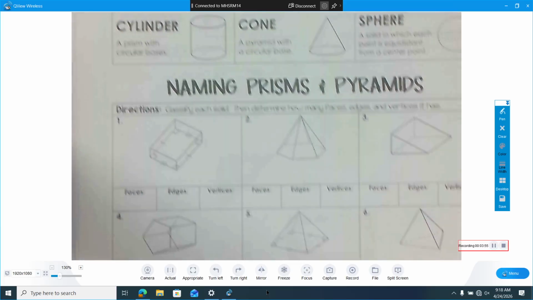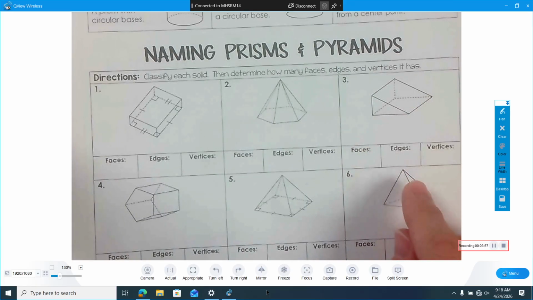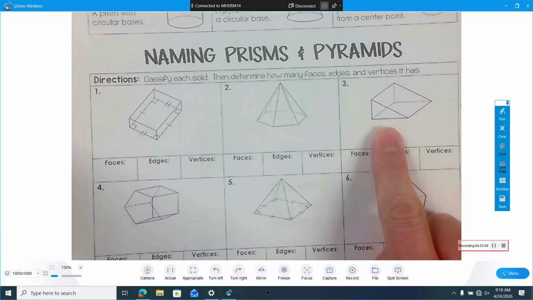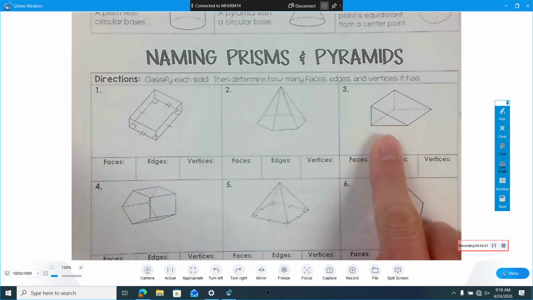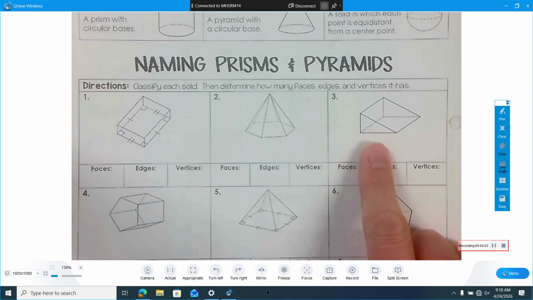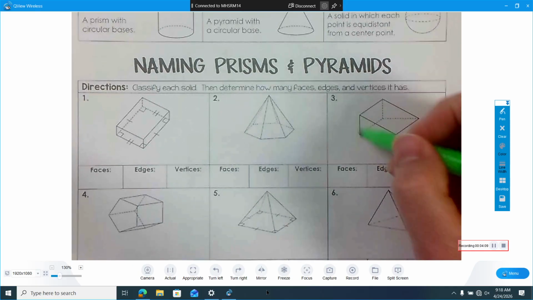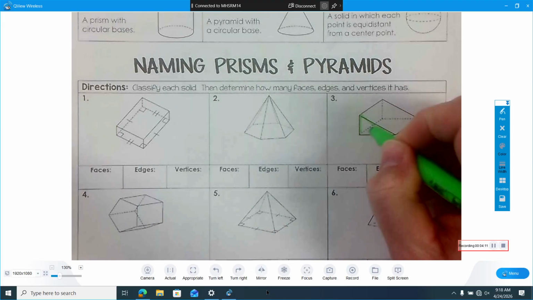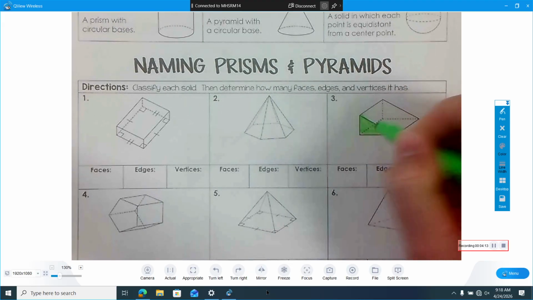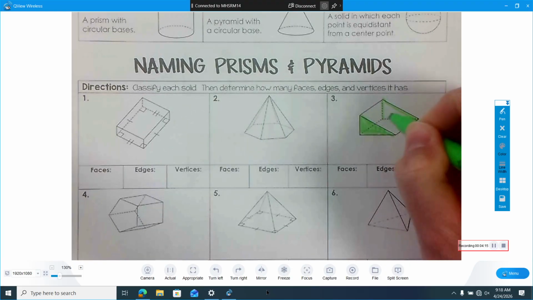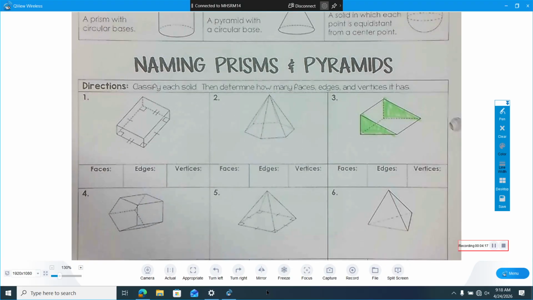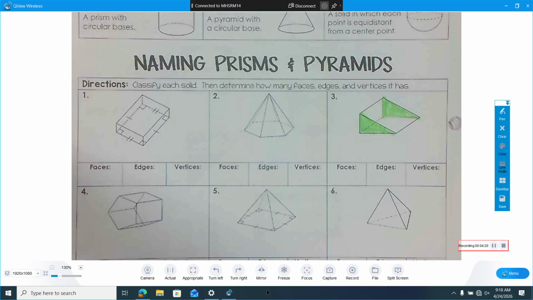For instance, if we look down here, this one, number 3, pyramid or prism? Prism. And again, it has two congruent bases. Does base mean that it has to be on the bottom? No, it's just two congruent shapes.